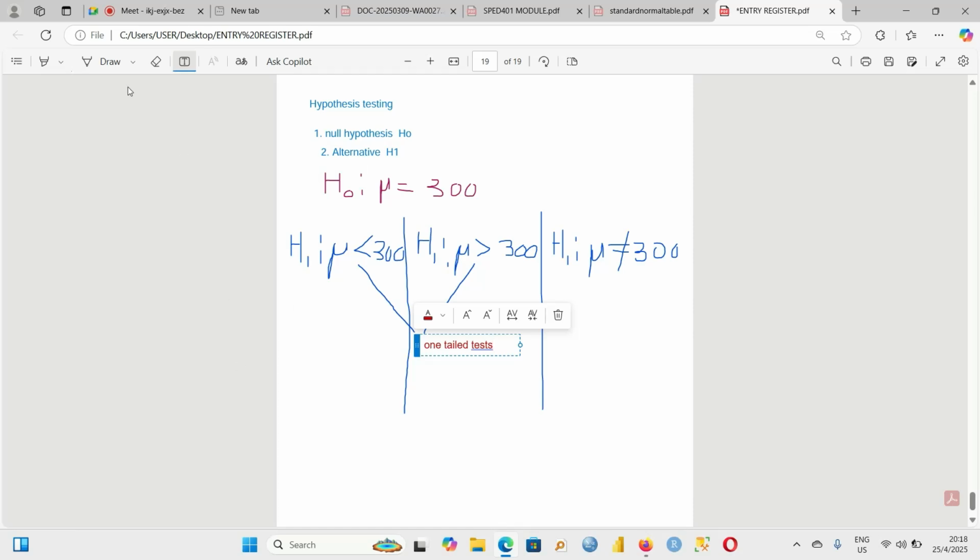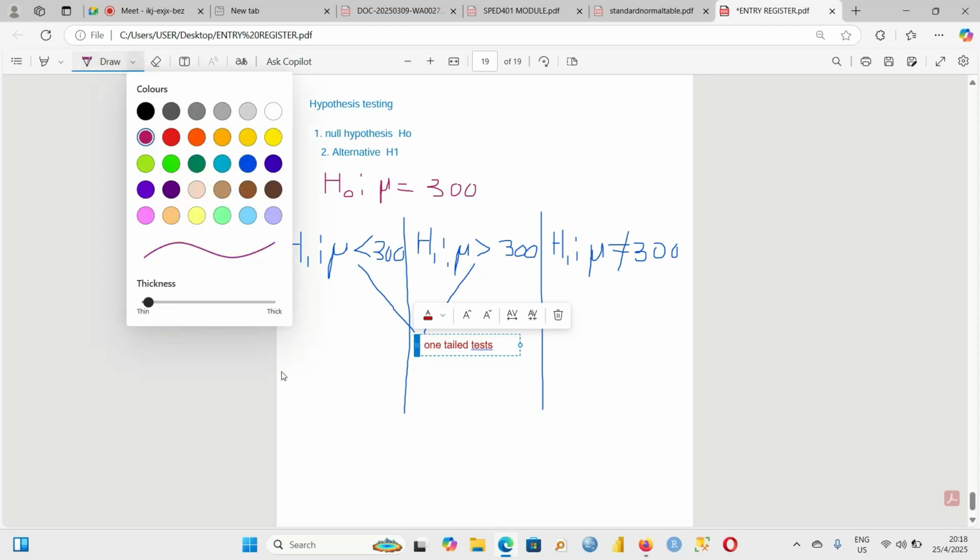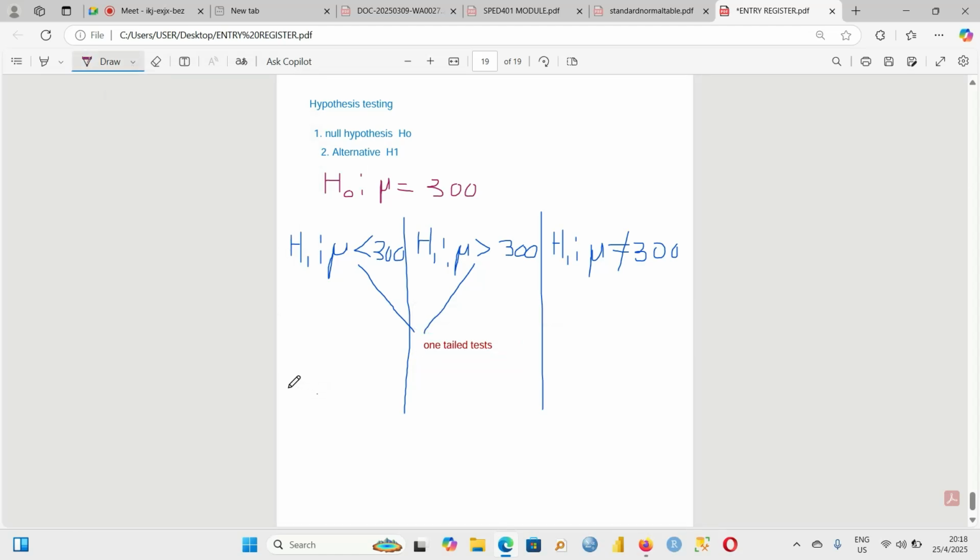Like in the first scenario, if we draw the normal curve, this is our curve for normal. This is the less than sign, where our critical value is negative.